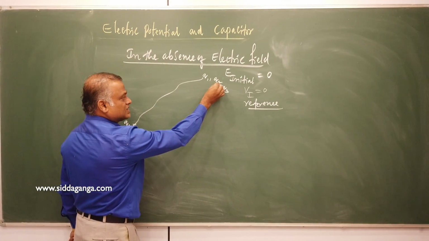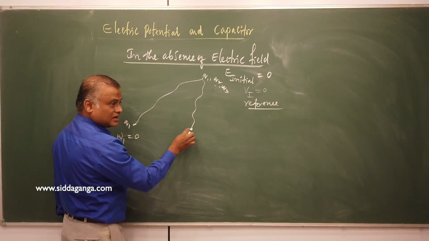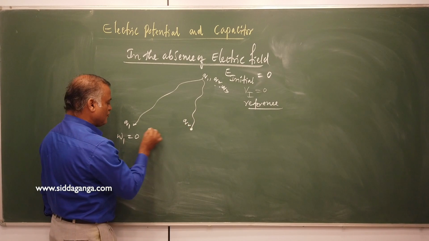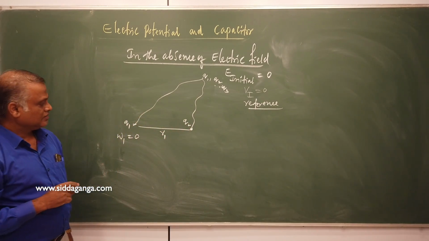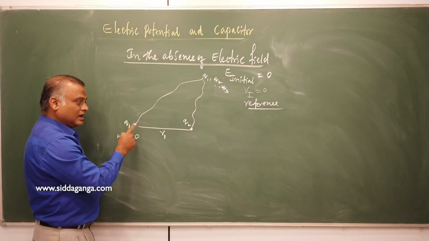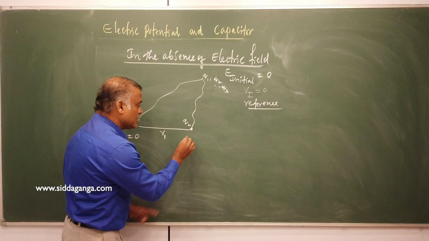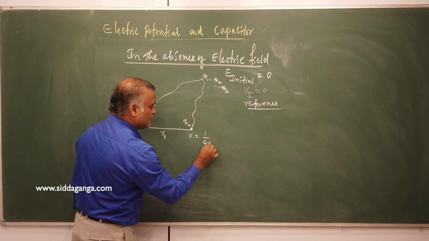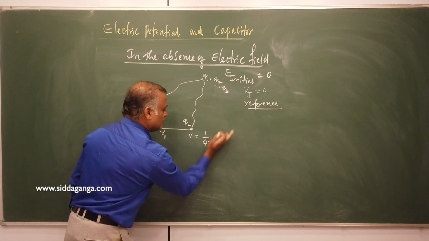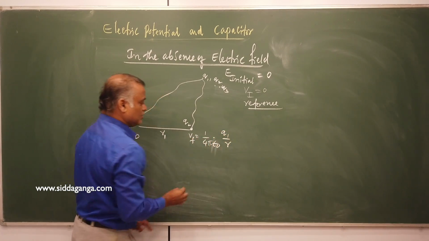Again, in carrying a charge Q2 from infinity to the point of consideration, how far? Say R1 from Q1. As we studied earlier, potential is not 0 here. This potential at the point is equal to 1 by 4 pi epsilon naught Q1 divided by R1.